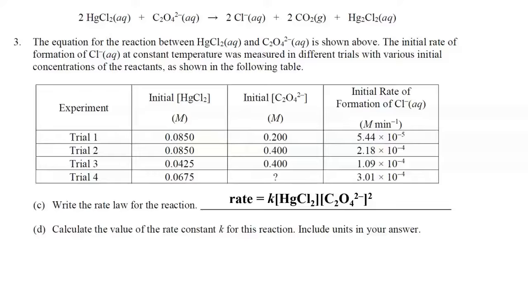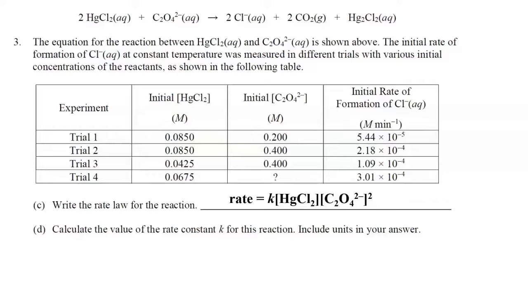What I like about this question is that notice that the order with respect to each reactant does not match the coefficient of that reactant in the overall balanced chemical equation. So it reinforces the idea that you get your order from the experimental data and the analysis of that data. You do not get the order from the coefficient in the overall balanced chemical equation.